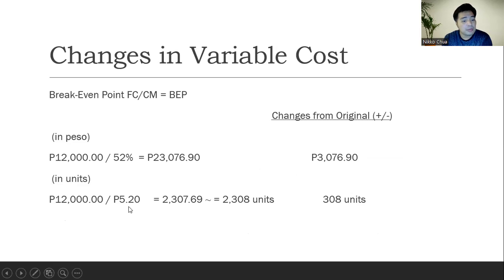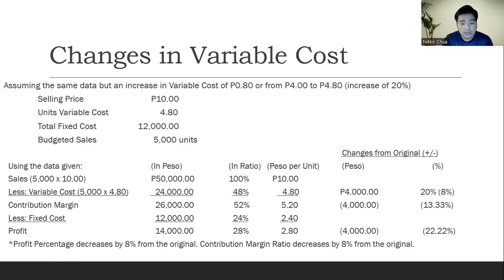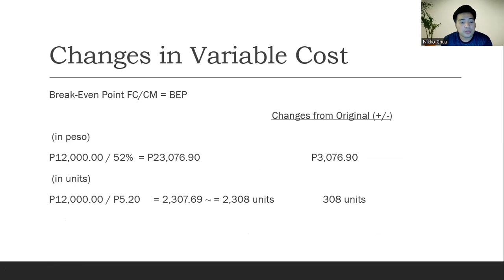Then 12,000 over 5.20, that is the contribution margin per unit. So we will have 307.69 or 2,308 units. So there is an increase of 300 units.